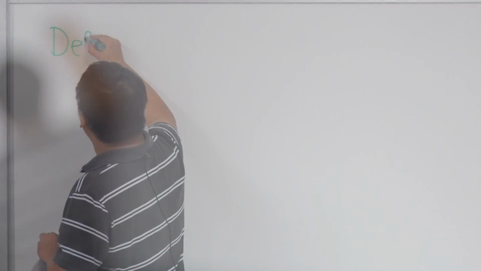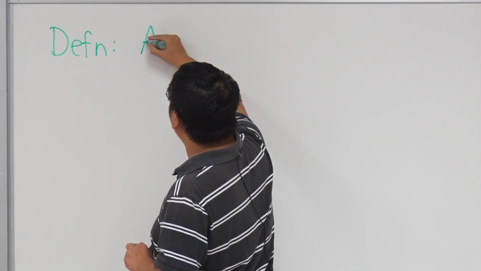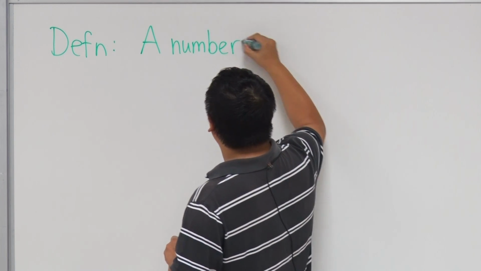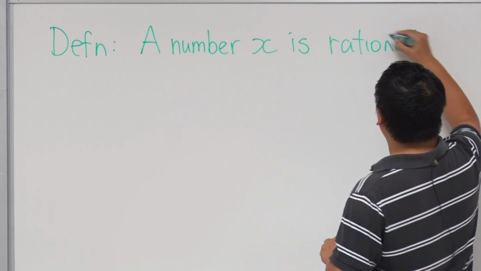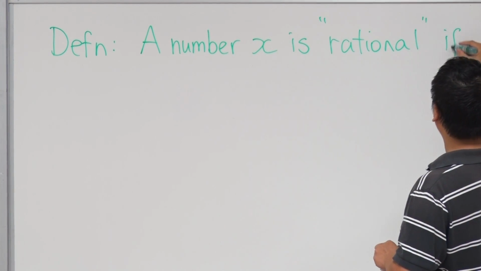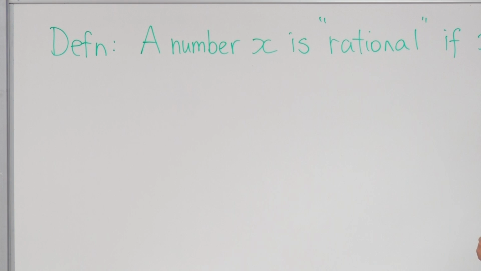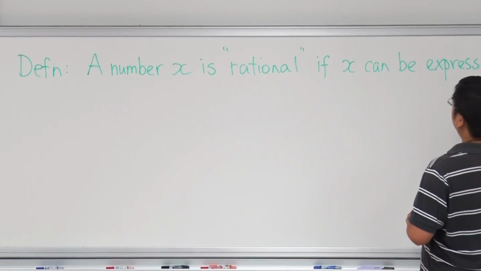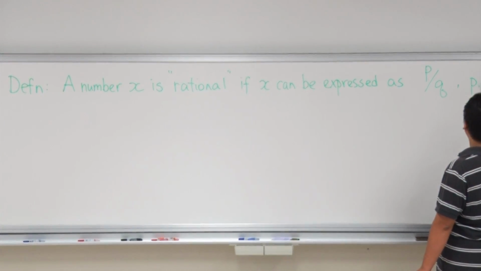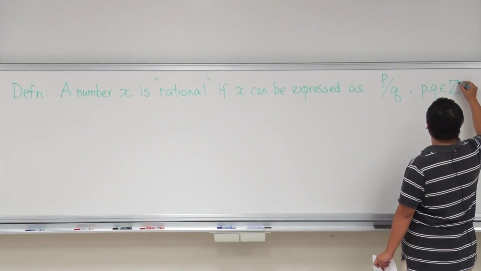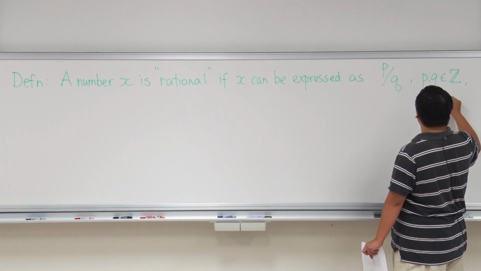Let me define: a number x is called rational if x can be expressed as p over q, where p and q are integers and q is not equal to 0.